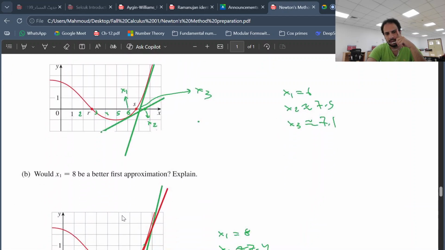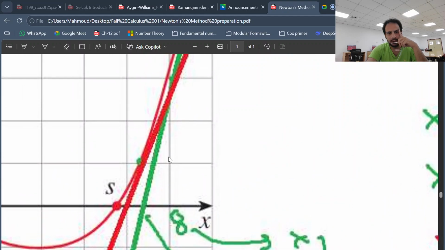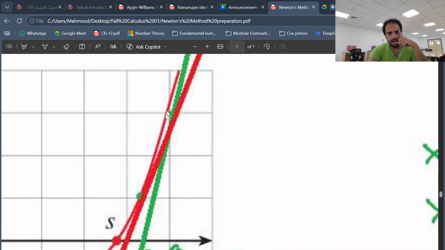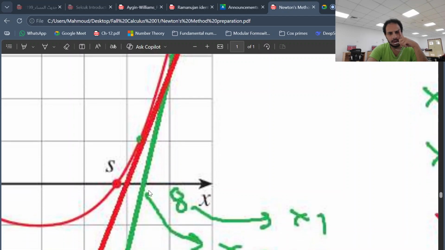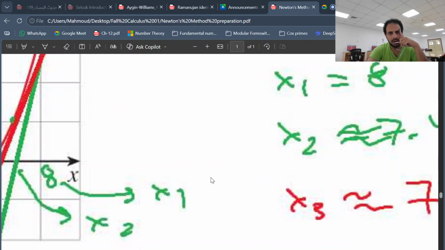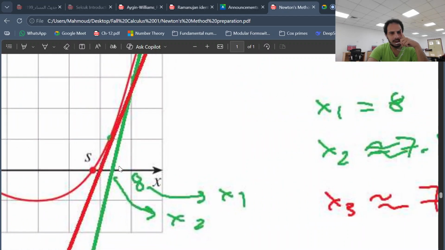If you start with x1 equals 8, you get the green tangent line. Then you get x2 equals nearly 7.4. Then from 7.4, draw the red tangent line. You get nearly 7.